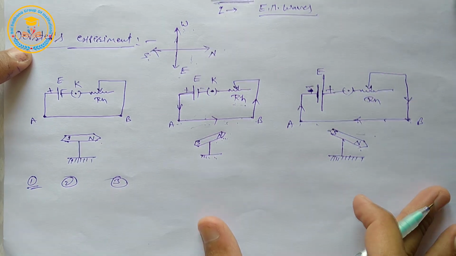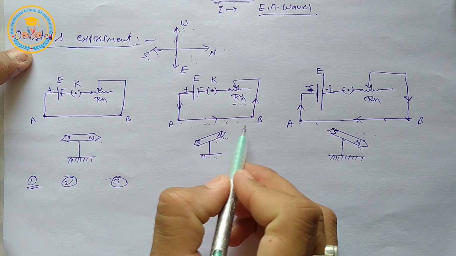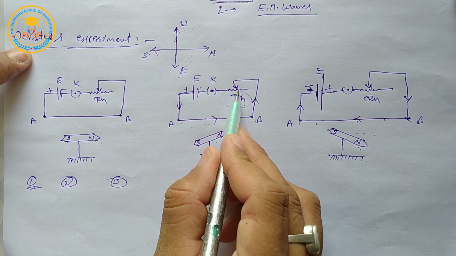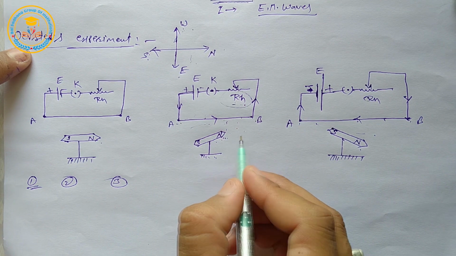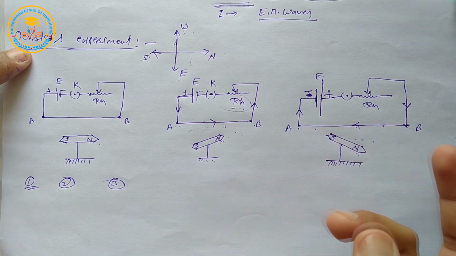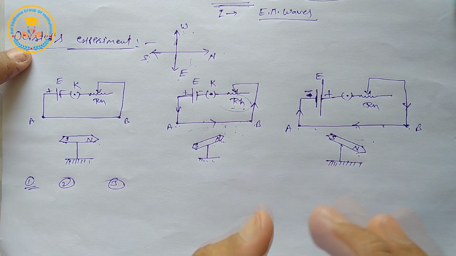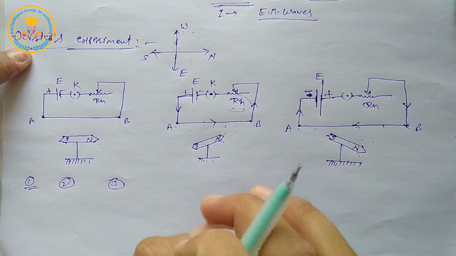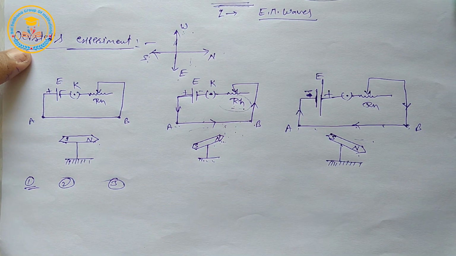And next is, if we increase the strength of current in this wire from this rheostat, then the strength of the produced magnetic field also increases. Okay, and if we decrease the strength of current, then the strength of the produced magnetic field also decreases.